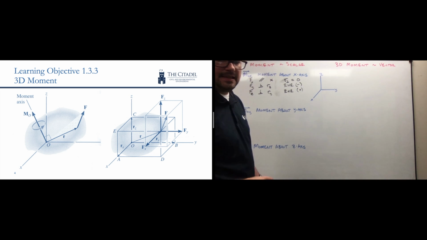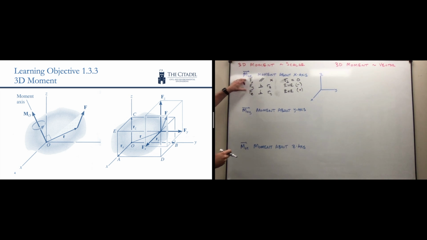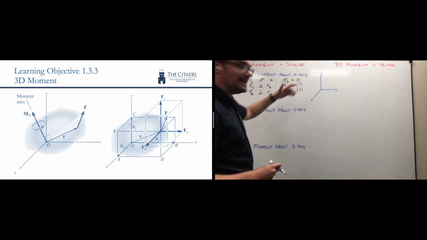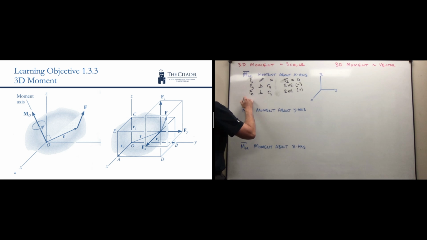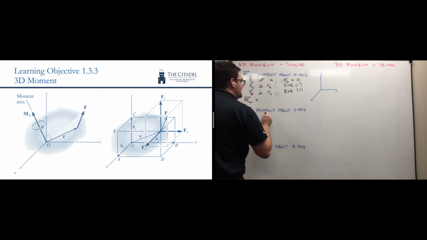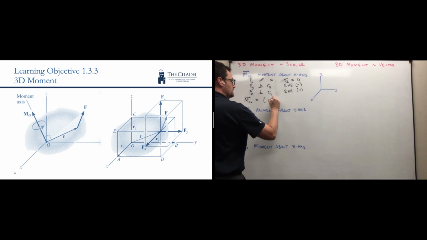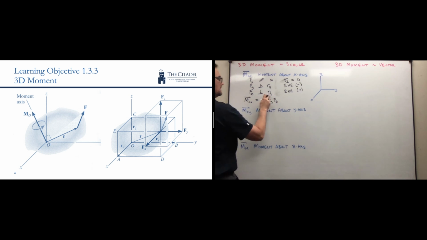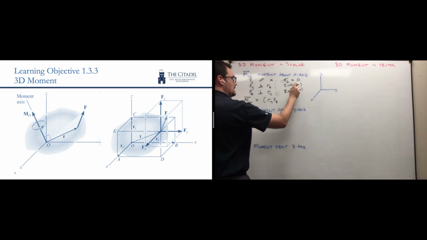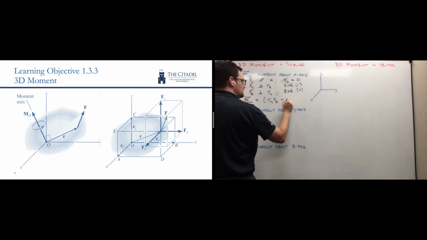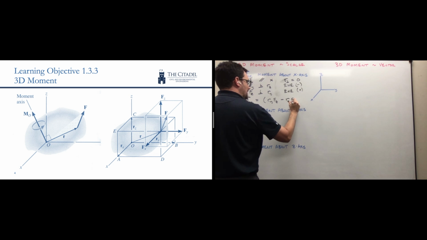And now that we have my forces and their perpendicular distances with their signs, I can actually articulate that my moment about the x-axis is going to be equal to Ry times Fz minus Rz times Fy.